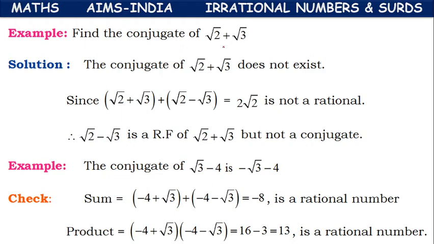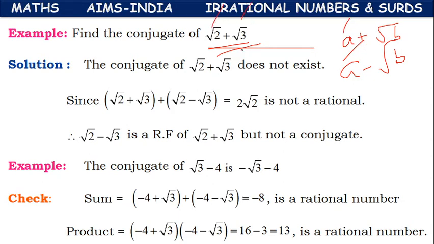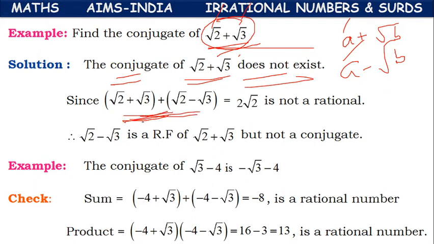Next, find the conjugate of root 2 plus root 3. So, it is not in the form of a plus root b or a minus root b. First, we should have a rational number. But here, both are surds. So, just by seeing we can tell the conjugate of root 2 plus root 3 does not exist. Or, if you want to check, you can add them.